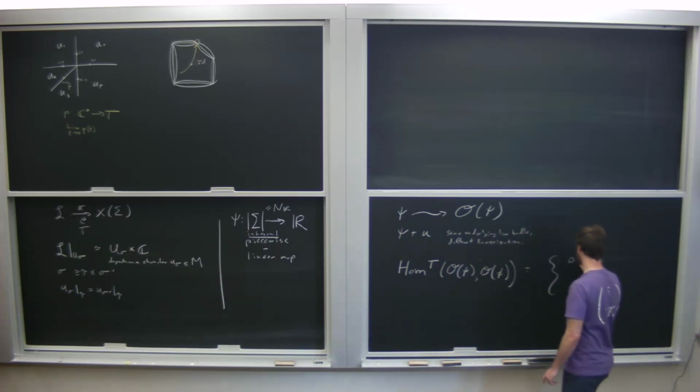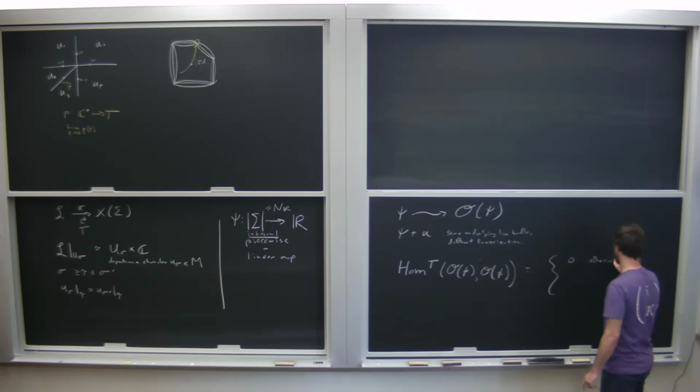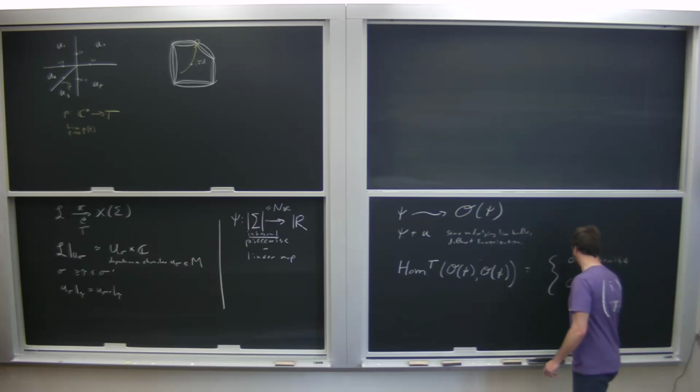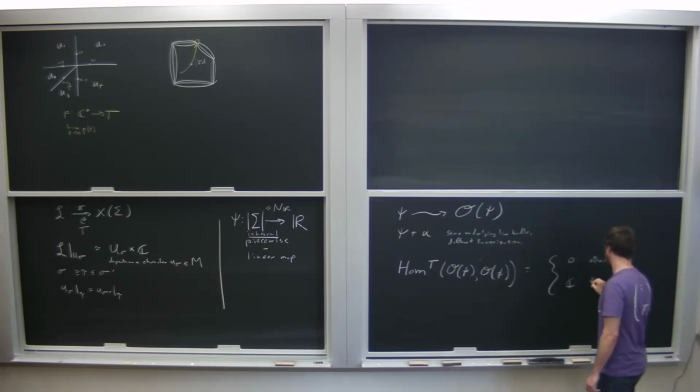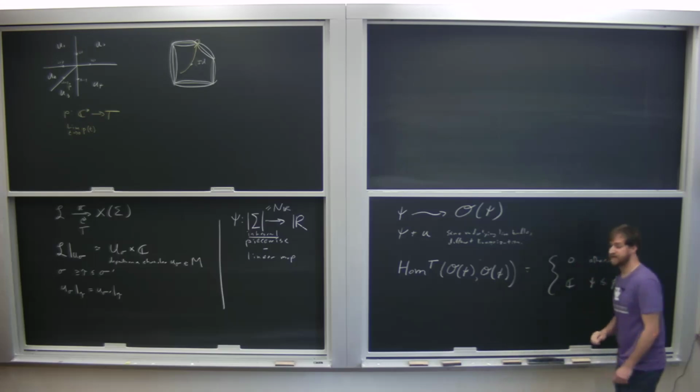This space is 0 otherwise, and is C if the target is an upper bound of the input. Is this clear what I mean by this?